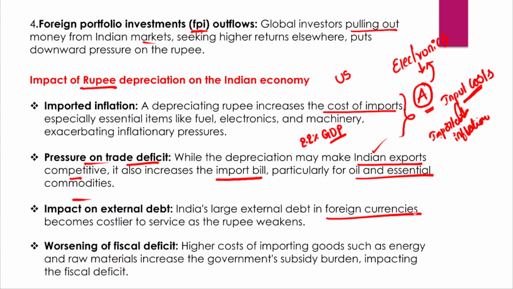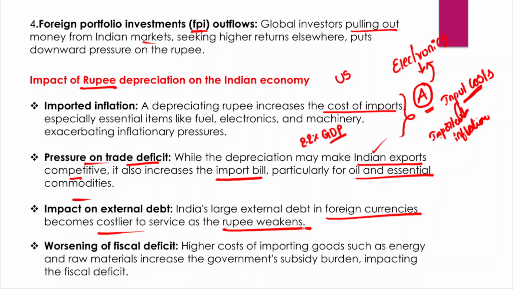So when we want to repay that amount, either interest or principal, we need to pay in foreign currencies, and again the demand for foreign currencies increases, and it will again lead to depreciation of the rupee. And in fact, it will become costlier to service external debt as well, because we need more rupees to purchase US dollars, because its demand has increased substantially. And further, it will lead to the weakening of the rupee.